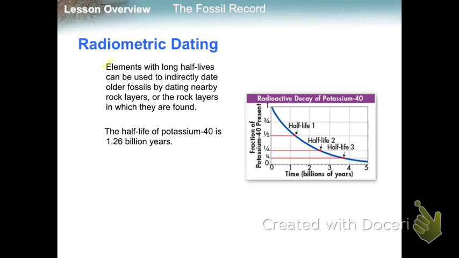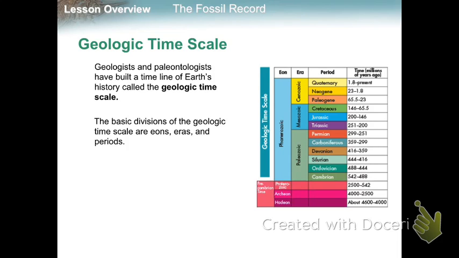Like I said before, these elements with long half-lives, like potassium-40, are used to what we call indirectly date older fossils. You date the rock layers that the fossils are found in, and then you make an inference that that's how old that particular organism is as well.